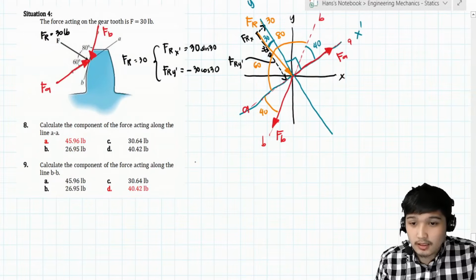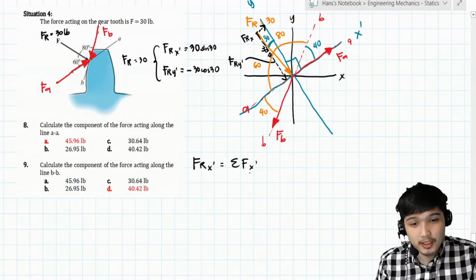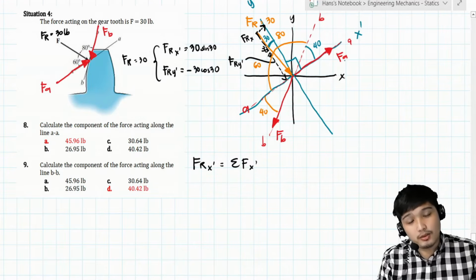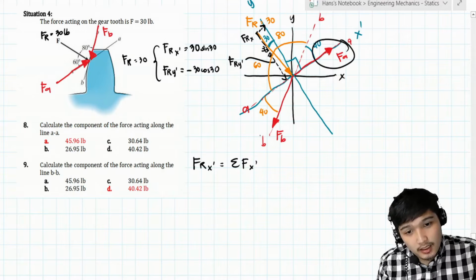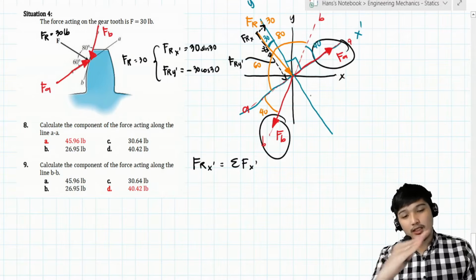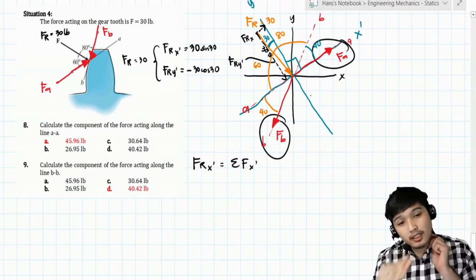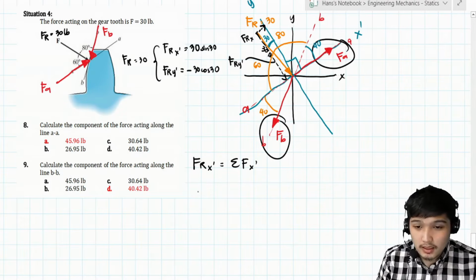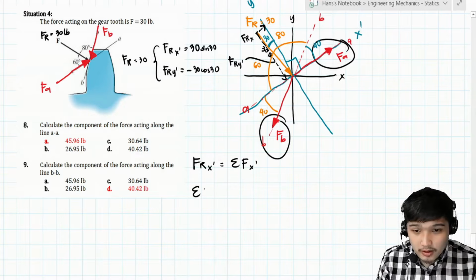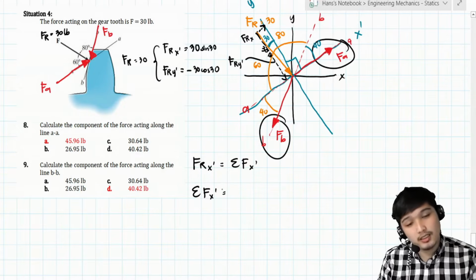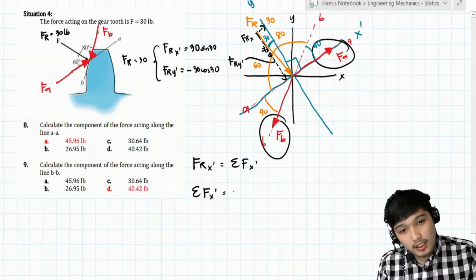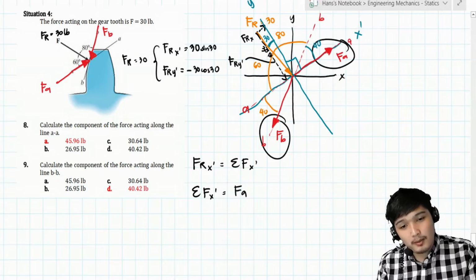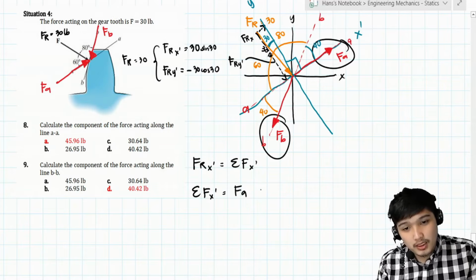So, the resultant force along x prime is just the summation of all the forces along x prime. Let's look at the forces FA and FB. FA is completely in the direction of x prime, in the positive direction. So the summation of forces along x prime is equal to FA, its component along x prime. How about FB?